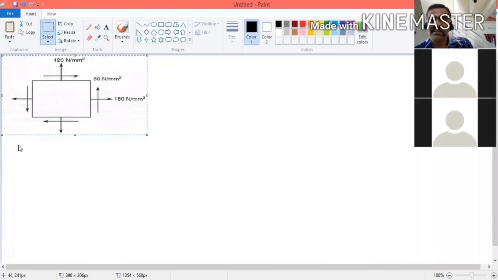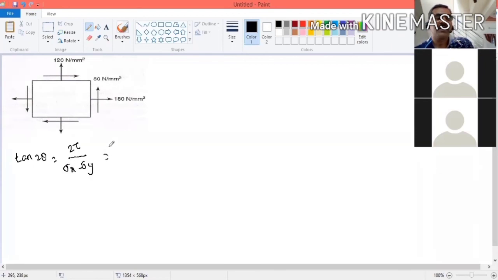First you can calculate theta also. Tan 2 theta is equal to 2 tau divided by sigma x minus sigma y. What is tau? 80. 80 divided by sigma x, which is 180, minus 120.